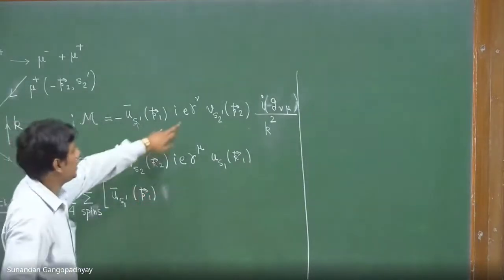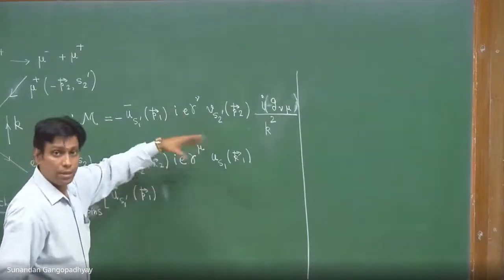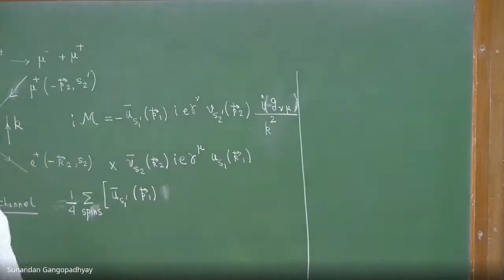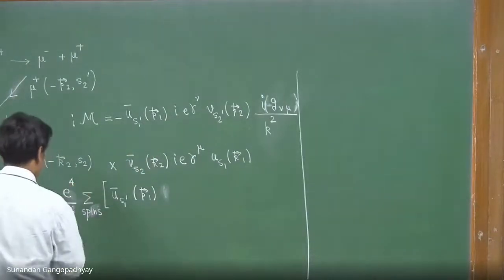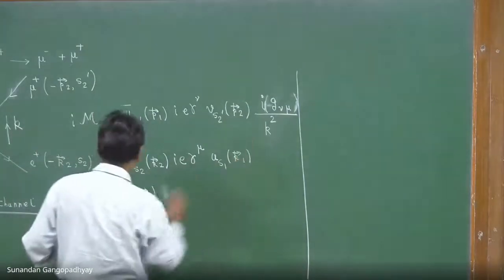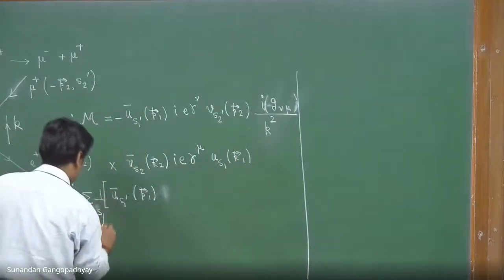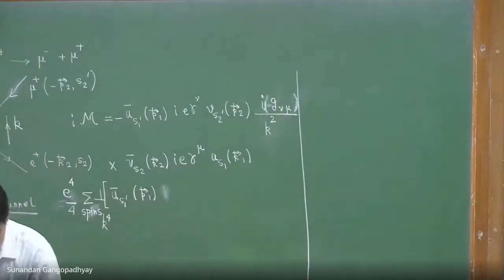So you see that here you have an e, and you have an e over here, so that gives you e square, and you are taking mod square of that, so you get e to the power of 4. And we will also get a factor of 1 by k to the power of 4.